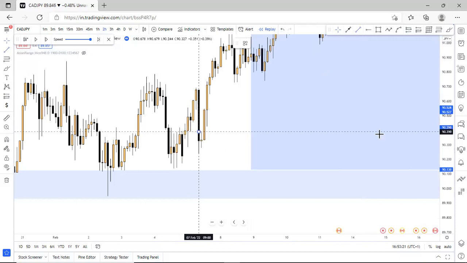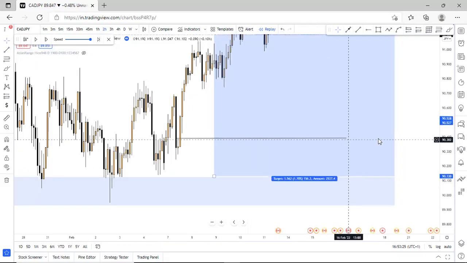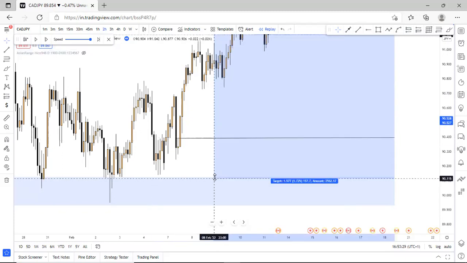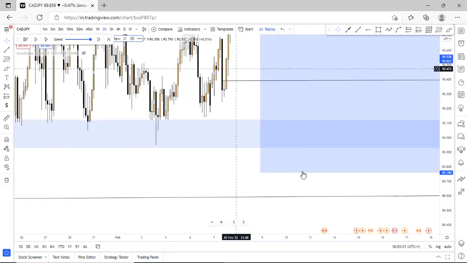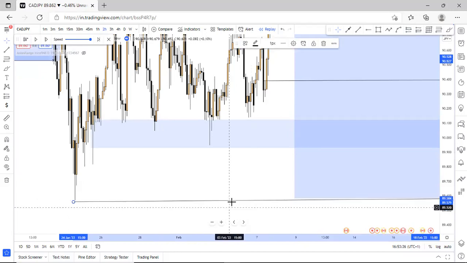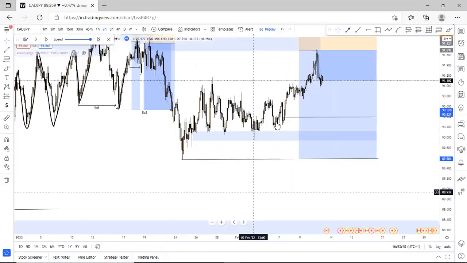I can also take some partials of my profit at this level and leave some to run to this level, and even leave some to run down to this previous low, because overall I know where price is going. So let's play.